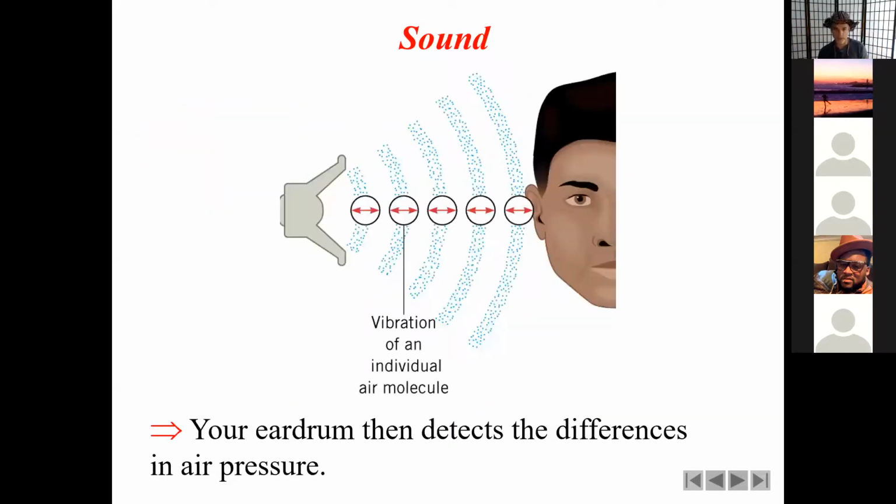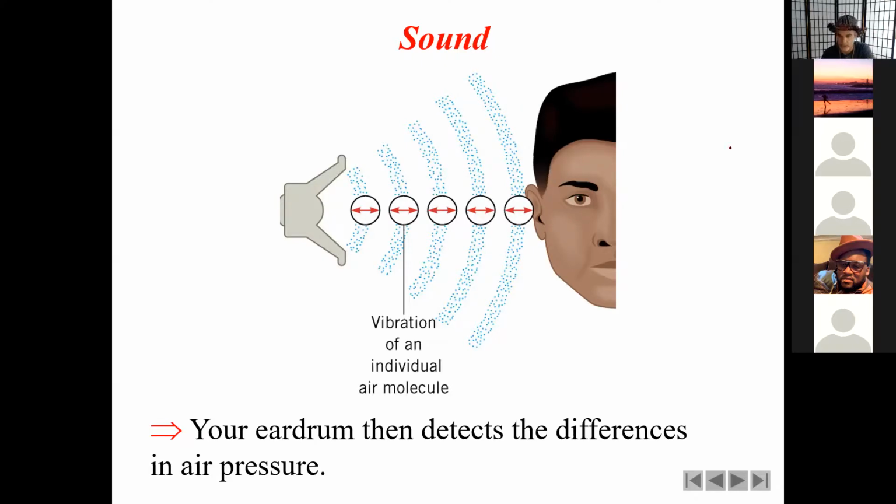Don't worry about that. But keep in mind, anytime there's a difference in pressure, there's going to be a force pushing from higher pressure to lower pressure. So inside of your ear, the pressure is at atmospheric pressure. But outside of your ear, that pressure changes whenever there's a sound, because sound is just this difference in pressure taking place in the air. And your eardrum moves whenever there's a difference in pressure on one side than the other.